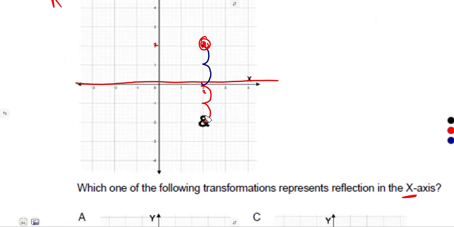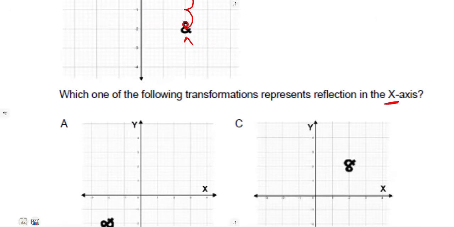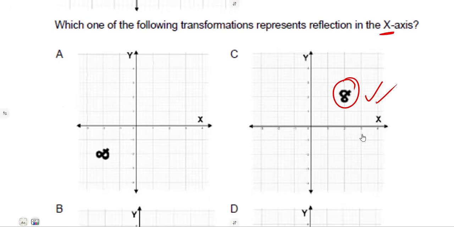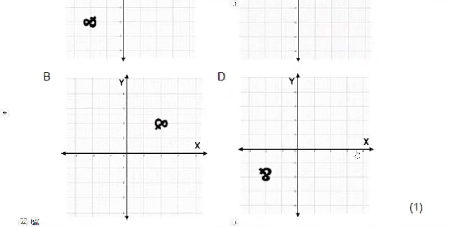So this here is going to be down, and this one is going to be up. So the best one to describe it is C at point 2, 2, but also the sign here, the way that it is. So the best answer was going to be C.